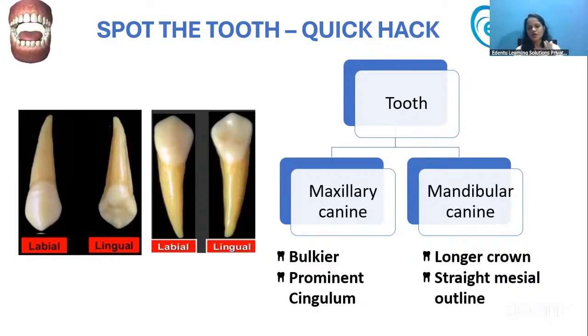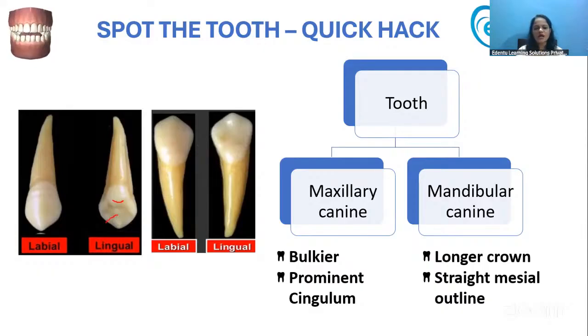First we need to identify whether it is a maxillary tooth or a mandibular tooth. How to identify that? Very easy. It is mainly based on what we have discussed till now. Look at the lingual surface. If the lingual surface shows a prominent cingulum and a prominent lingual fossa like this, then it is a maxillary canine.